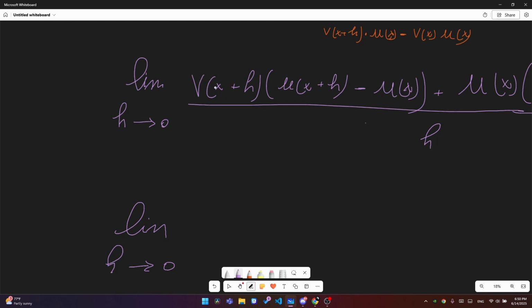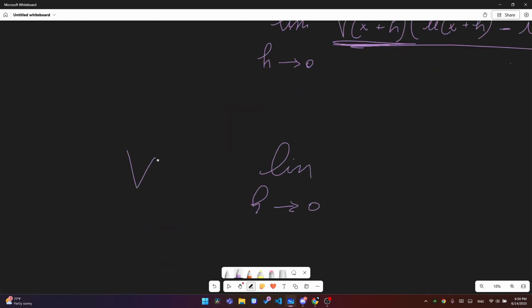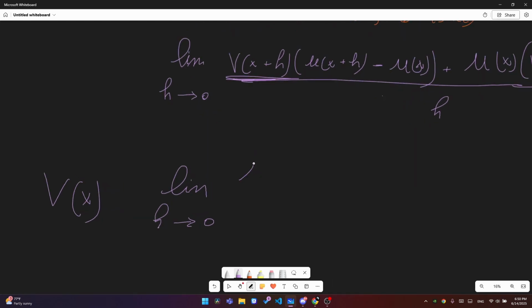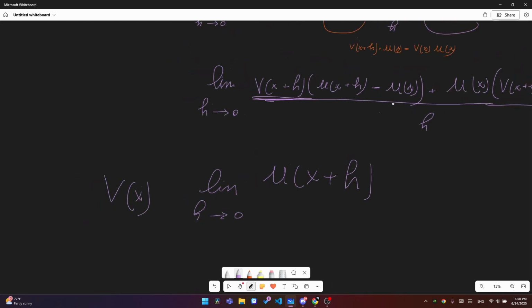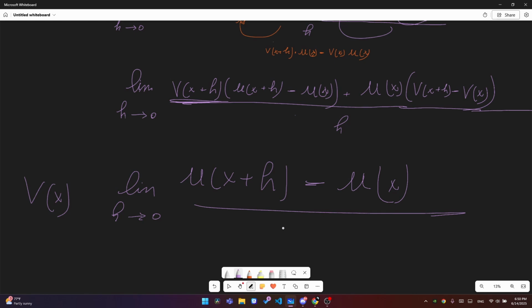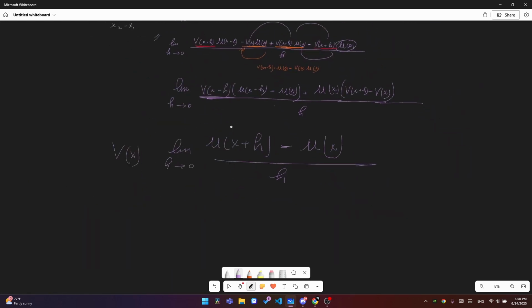And here's the thing, for this function right here, as the limit goes to 0, this would just be v of x, so we can put it outside the limit, since it's just multiplication and does not have anything to do with the derivative.